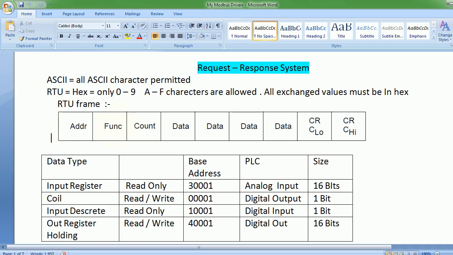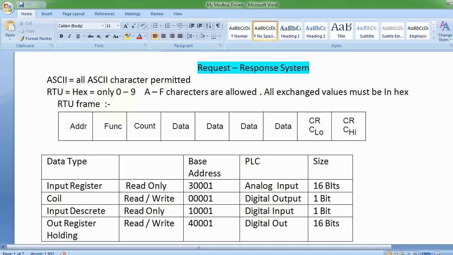This is a typical frame of RTU. ASCII frame, I'm not interested. One thing I've missed: the first one has to be the address of the slave device. Since on this 485 network I've got only one PLC, by default we number it device 1.